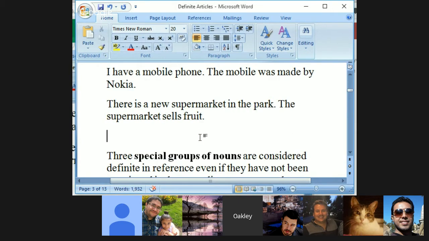Great. Victor, you want to give this a try? A highway crosses the city. The highway goes from south to north.